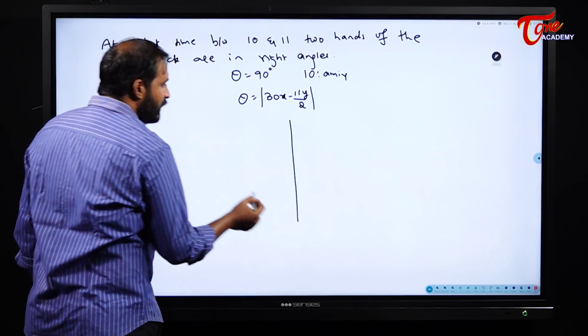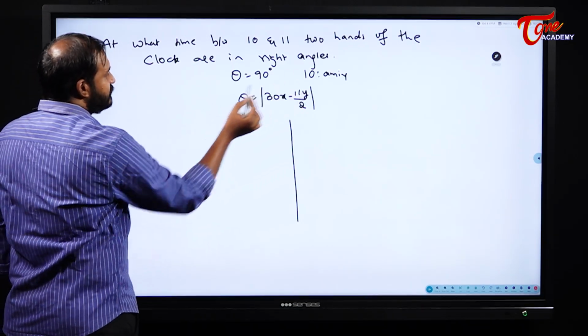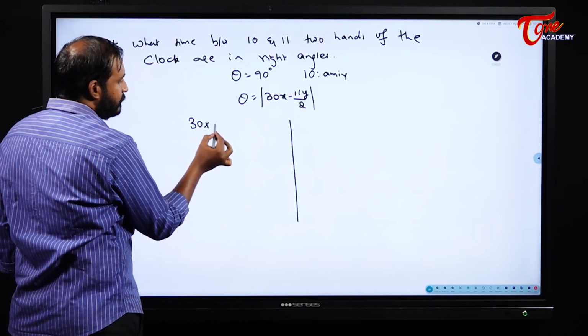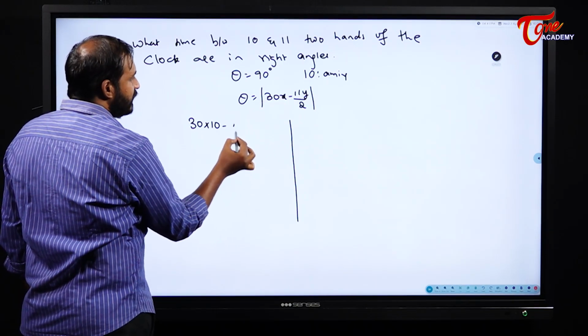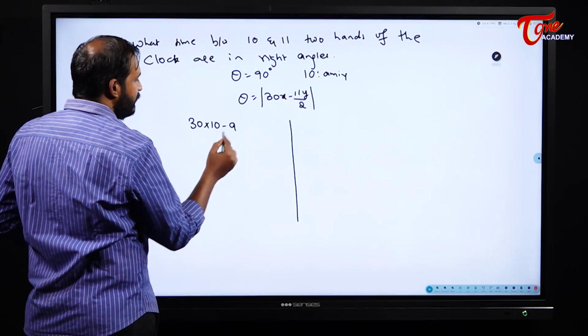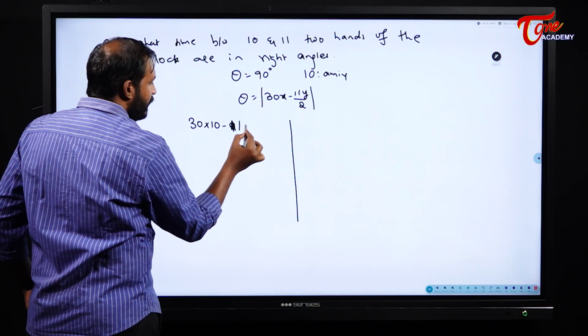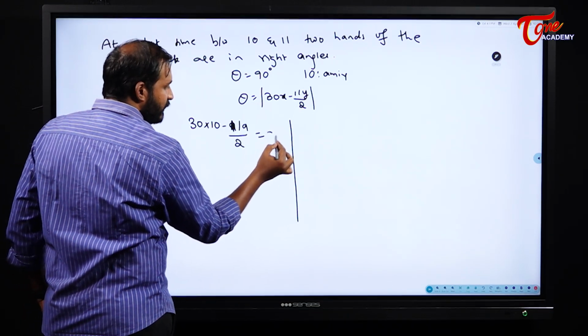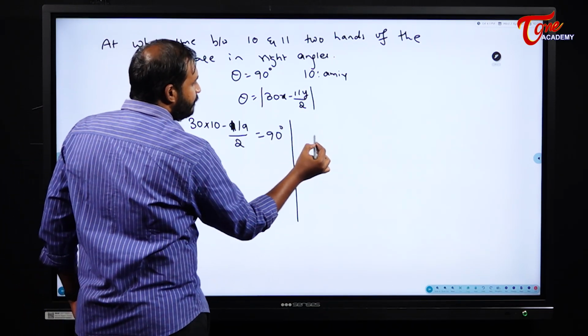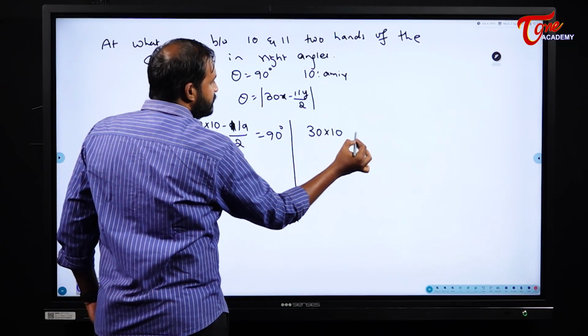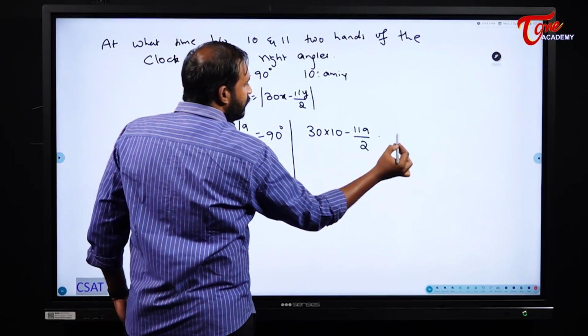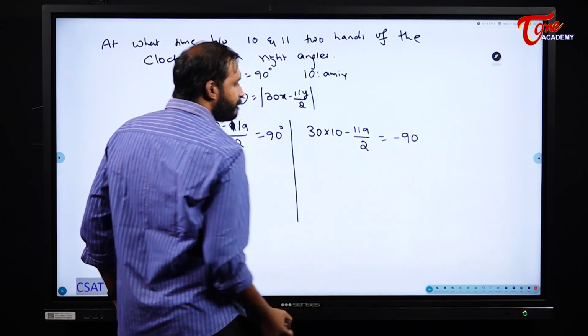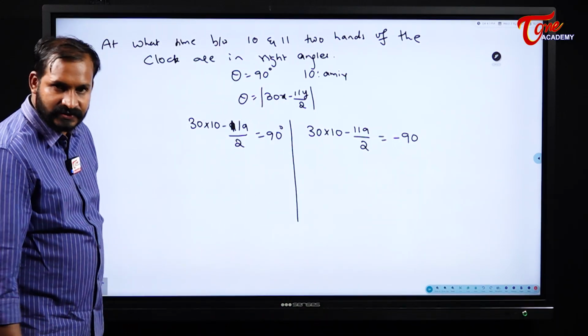So we will write them separately. Here 30x means 30 into 10, and y is a. So (300 minus 11a by 2) is equal to plus 90, and similarly (300 minus 11a by 2) is equal to minus 90. I will take both plus and minus values here, students.